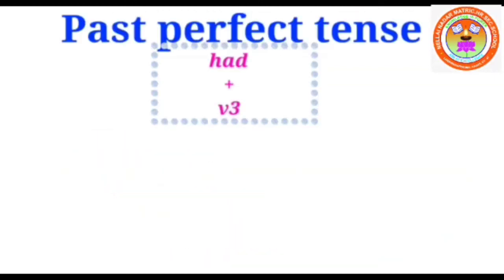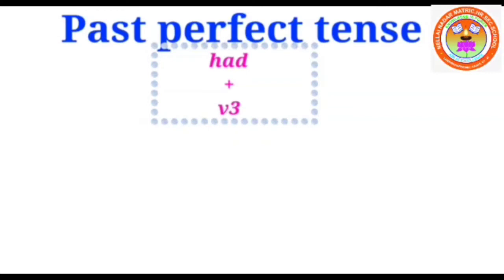Then the past perfect tense. The usage is to indicate a completed action of the past that happened before another event took place. This is the usage of past perfect tense. We know that for perfect we have to use the past participle V3.